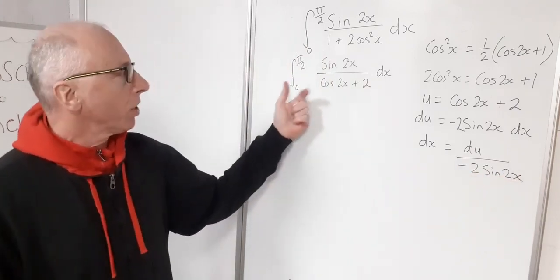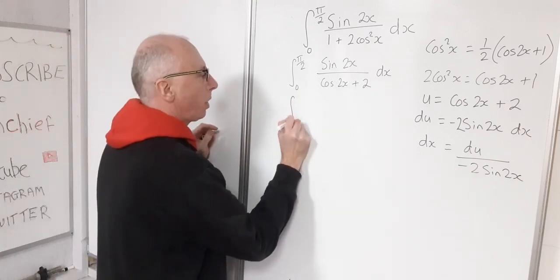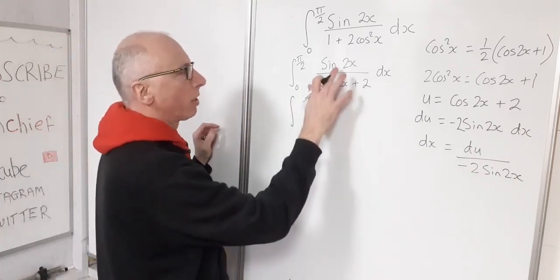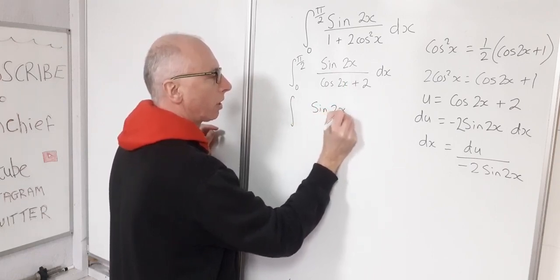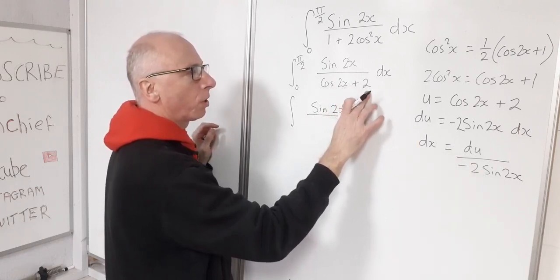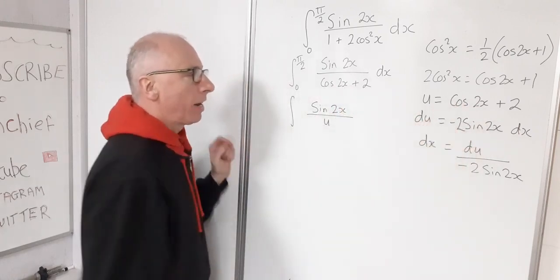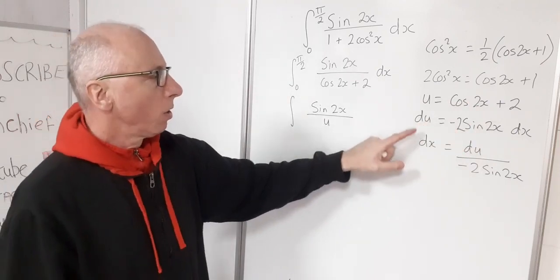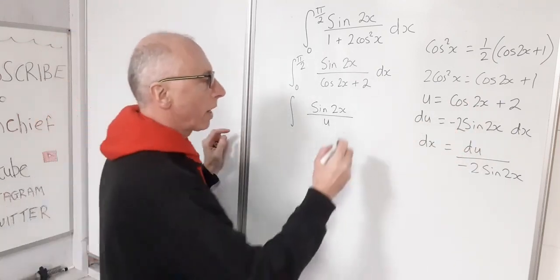So now to get dx on its own, dx equals du over minus 2 sine 2x. Okay, so now let's transfer this into u. I'll come to the parameters in one moment. So sine of 2x, I'm just going to leave that in there at the moment because we'll see that will disappear. Our cosine 2x plus 2, that's just u, so we'll leave that in there. And then our dx will become du over minus 2 sine 2x.